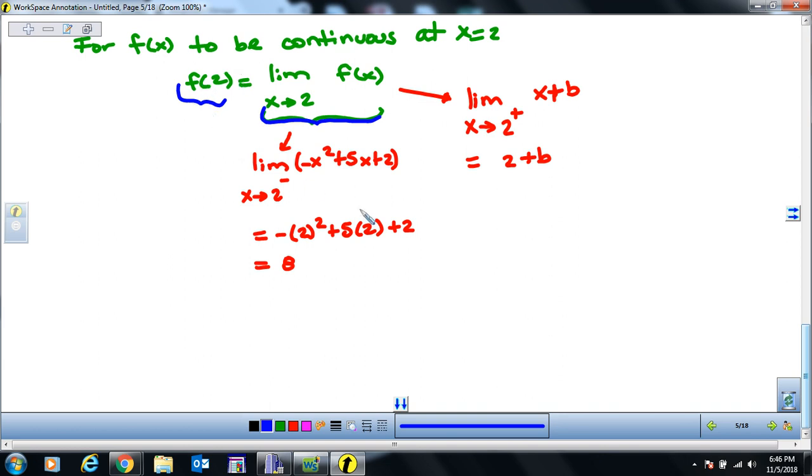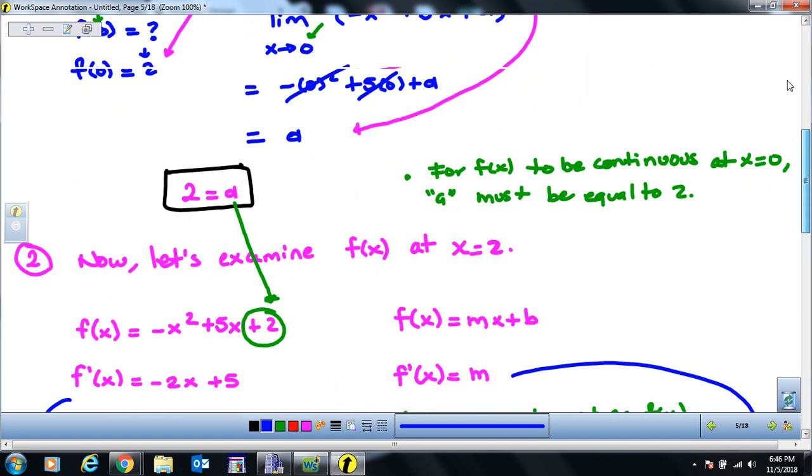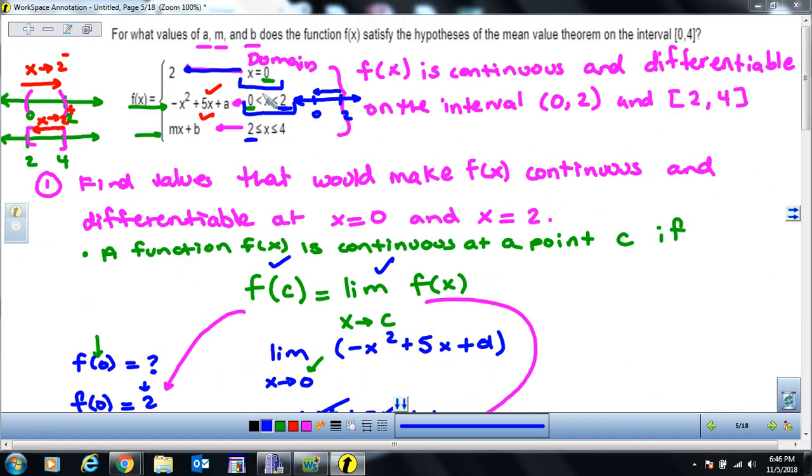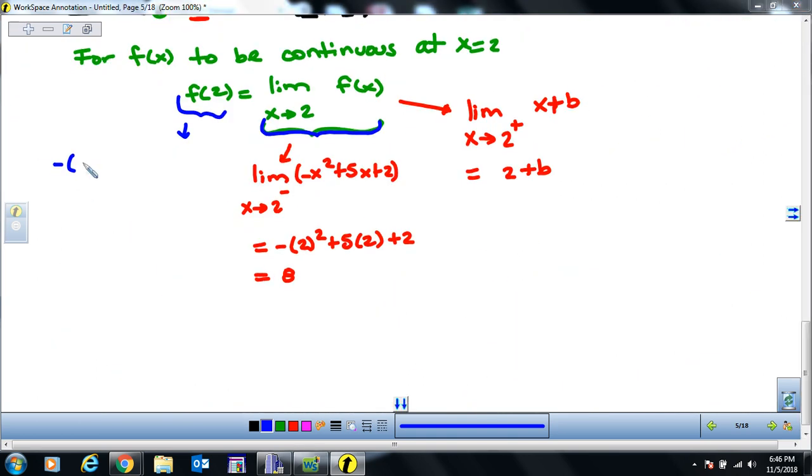Well, isn't f of 2 the same thing as what you did when you substituted into f of x? What happens if I put a 2 here, now that I have a value for a, which is also 2, by the way. So negative 2 squared plus 5 times 2 plus 2.